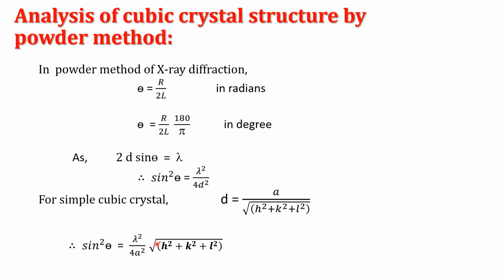Lambda is the wavelength of the X-ray beam used in the powder method. It is monochromatic, so lambda is fixed. a is the lattice constant for the cubic system, which is also fixed, and therefore lambda square divided by 4a square remains constant. Hence, sine square theta is directly proportional to h square plus k square plus l square.